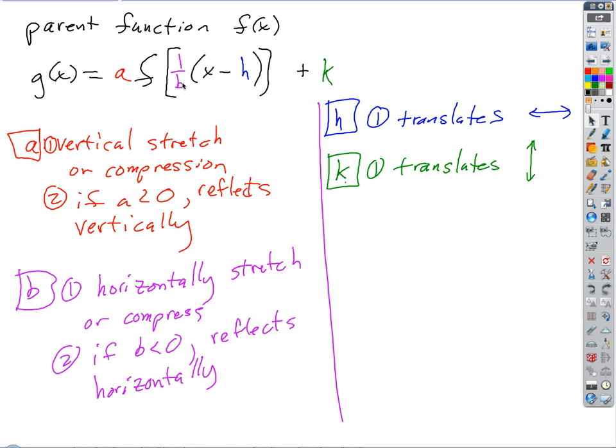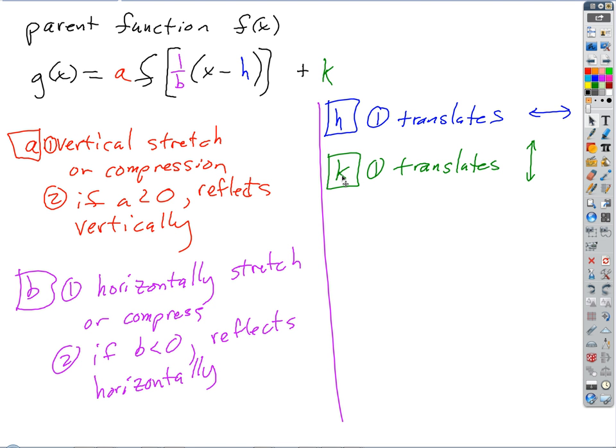That does the same stuff horizontally. So B controls horizontal stretch, compression, and horizontal reflection, and then h and k just tell us how far we've translated everything horizontally and vertically. If we have a special point, like a vertex, that normally would be at the origin, then that tells us where the coordinates of that are after it's been shifted.